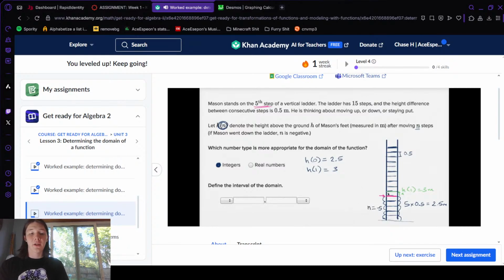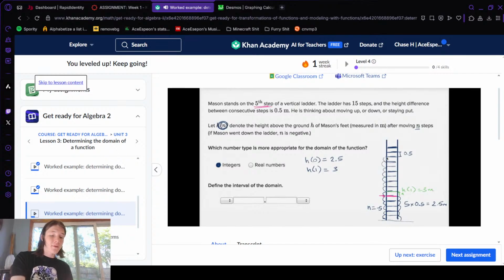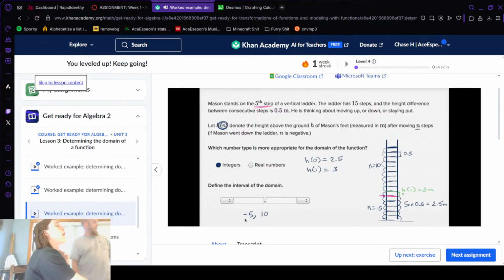And the highest value for n is if he takes 1, 2, 3, 4, 5, 6, 7, 8, 9, 10 steps up. And so that would be n is equal to 10. So n can be as low as -5 and as high as 10, and it can include them as well.